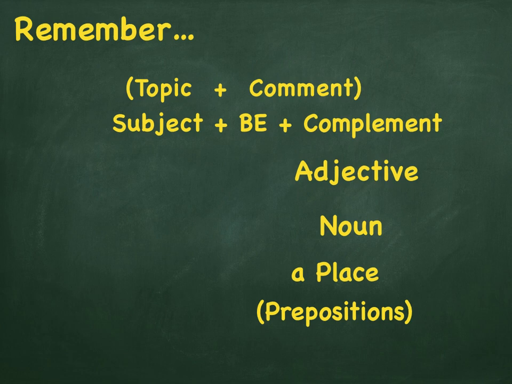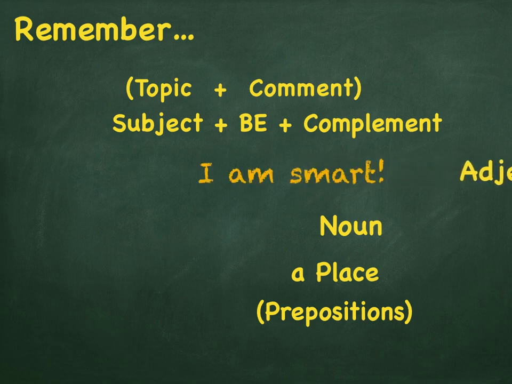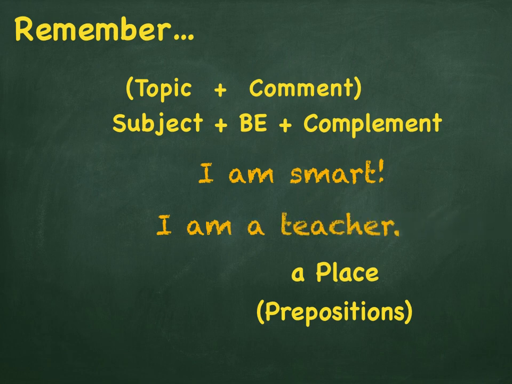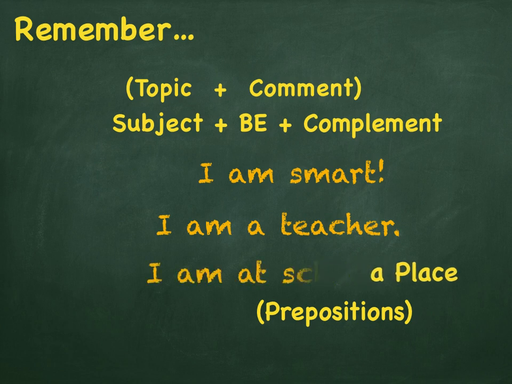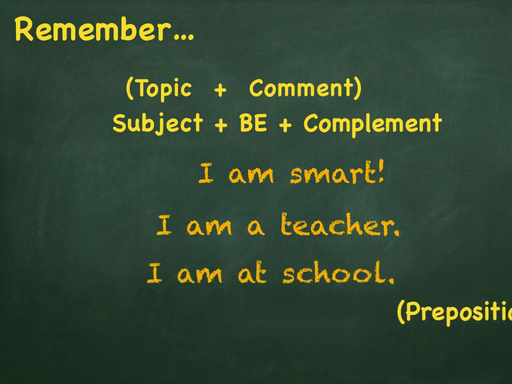As usual, examples help to explain the point. I am smart. Smart is the adjective. I'm a teacher. Noun. And a place? The preposition is at. The place is at school.